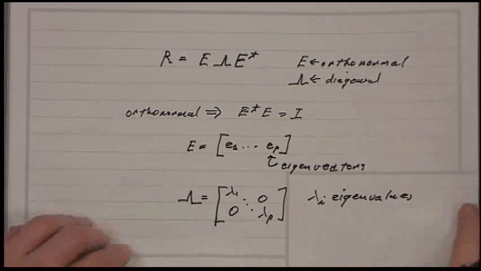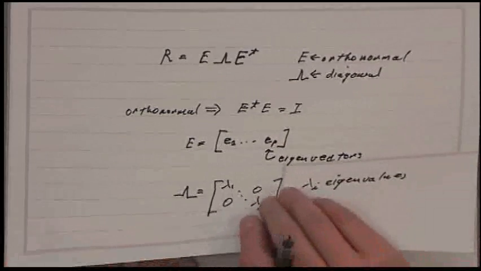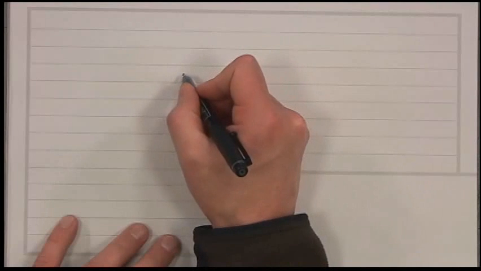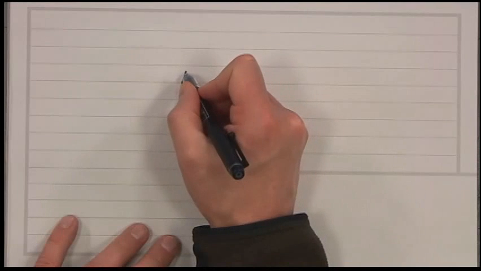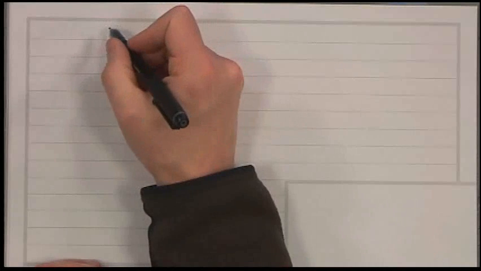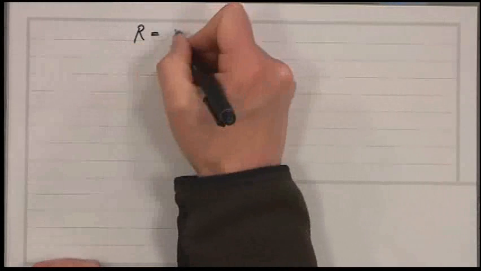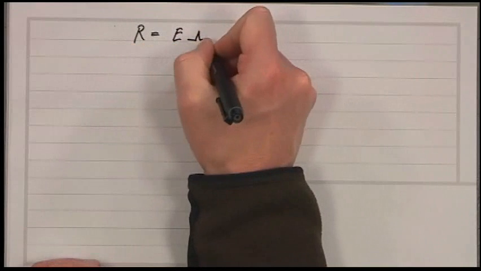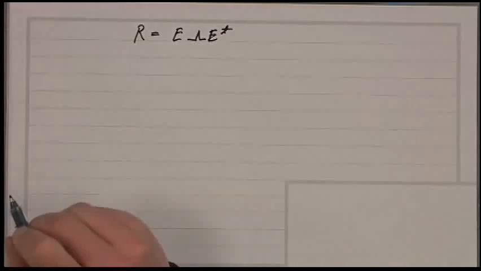Okay? So if you think about what this equation means, R here is equal to E lambda E transpose, right?